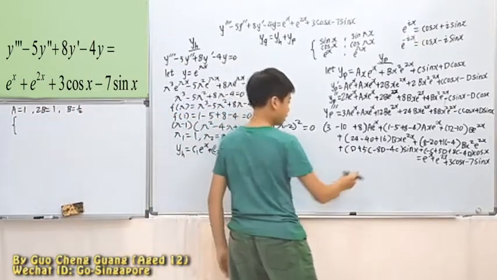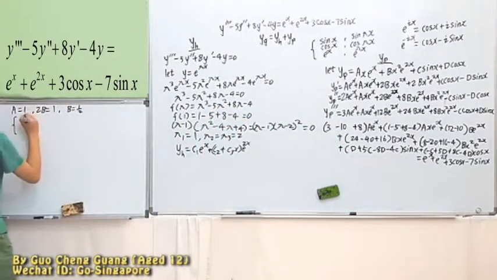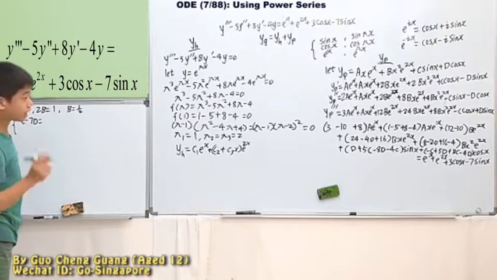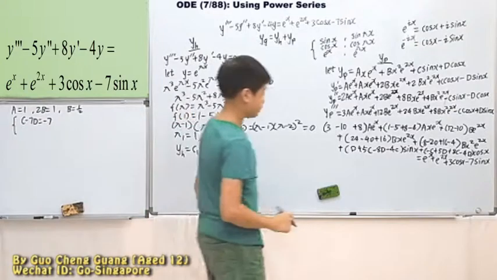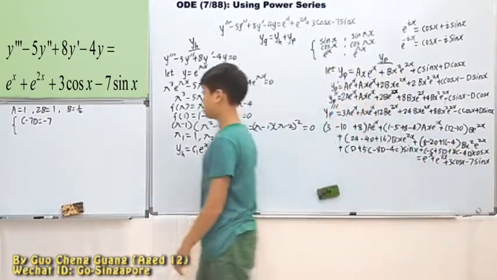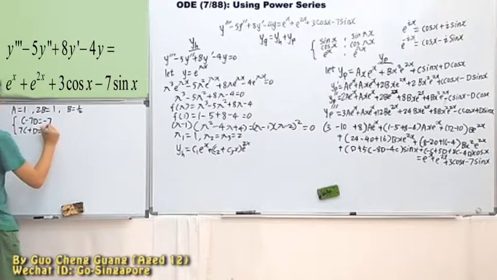Sine, you have c minus 7d, and sine is a negative 7. Cosine, 7c plus d, and this is 3.